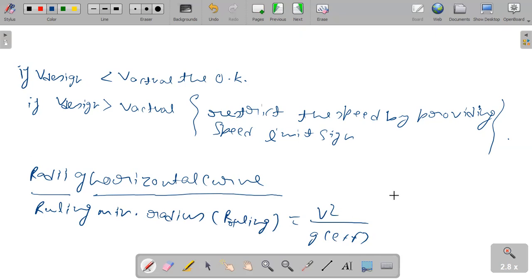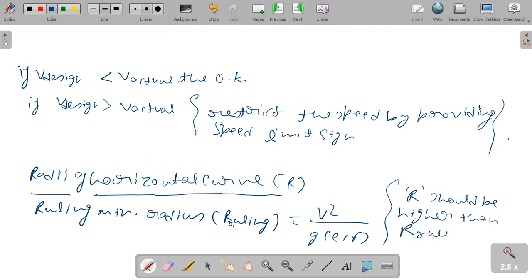So our radius of curve, which is R, should be higher than R ruling. Okay, so this is all about radii of horizontal curve.